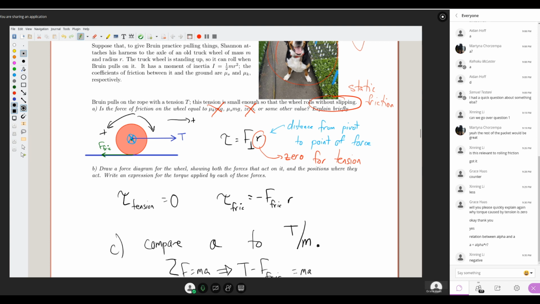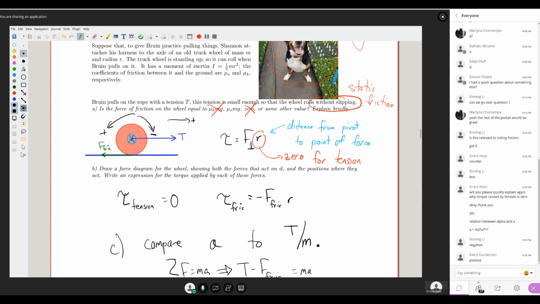So yes, we've got translational motion and rotational motion. As Lisa points out, we are rotating that way, but we are moving that way.